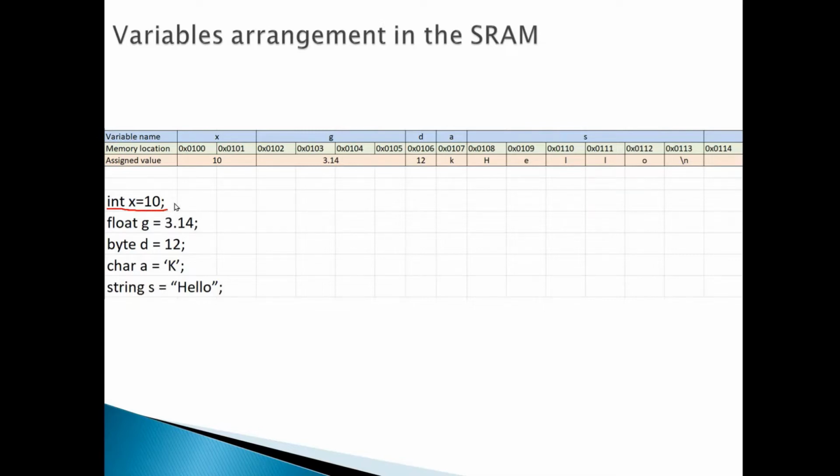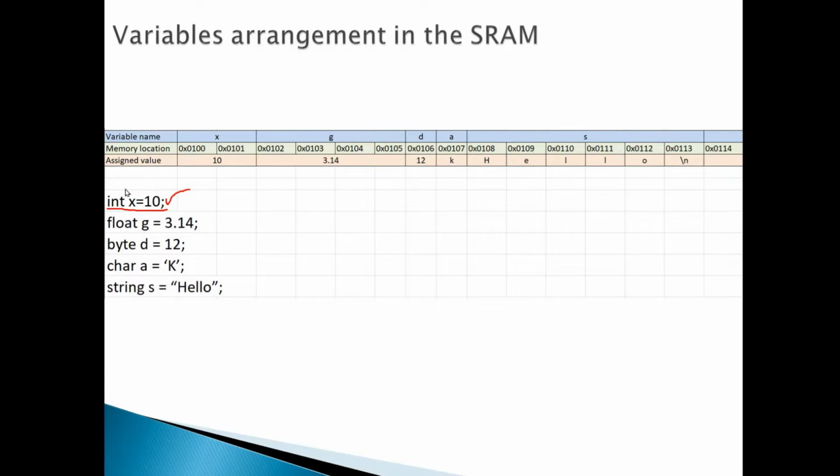When we jot this down in our code, the compiler will come and interpret each one of them. When it sees integer x equal to 10, it will come to the memory location. Since this is the first one, it will come to the first memory location.